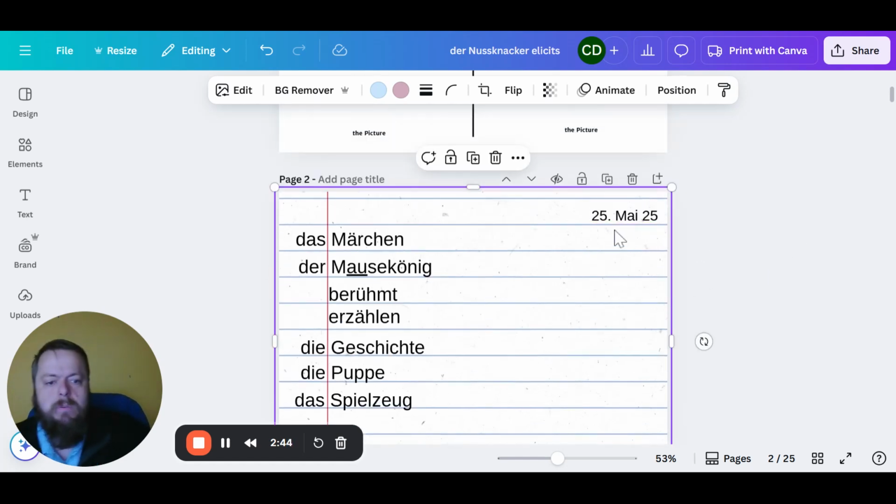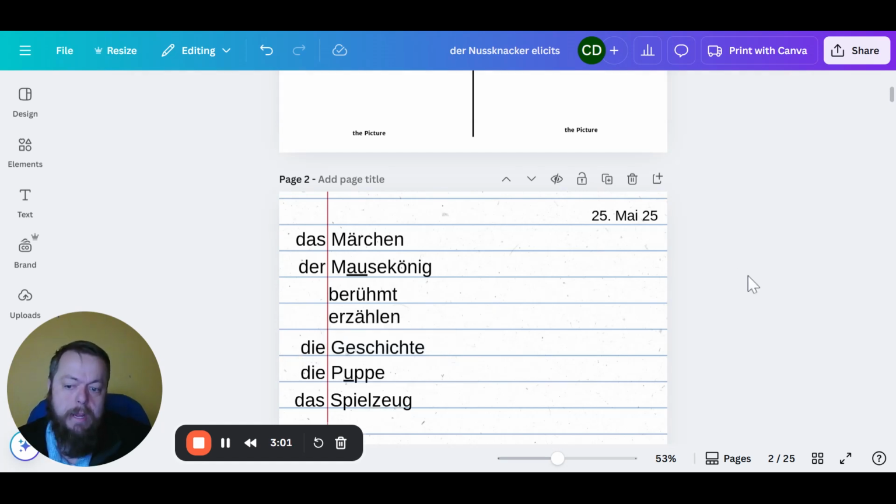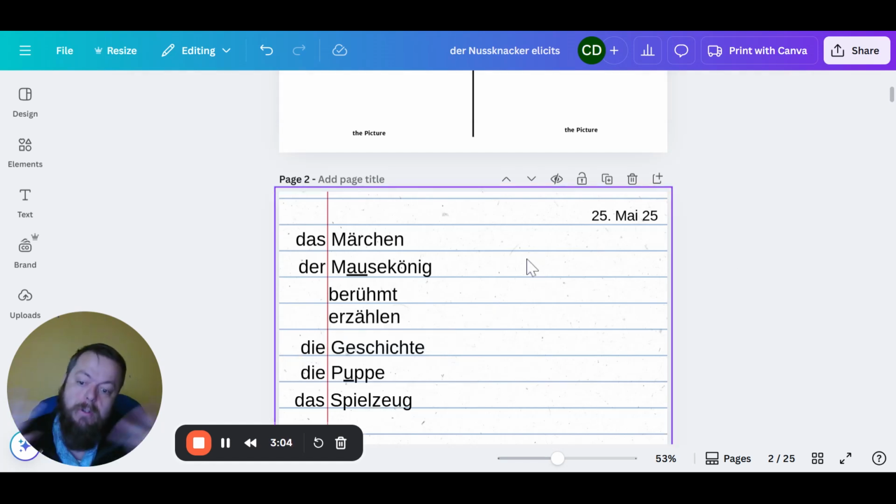If you don't write the dates, it can be confusing, and if you ever do notebook checks, it's really hard to find where the student's work is. There are a lot of students who don't know how to write from one page to the next, so you have to let them know, put the date on it so I can find your work.